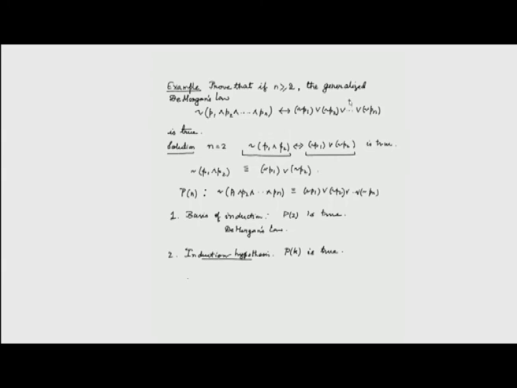This means that not of P1 and so on up to Pk is equivalent to not of P1 and so on up to not of Pk. Now, we go to inductive step.